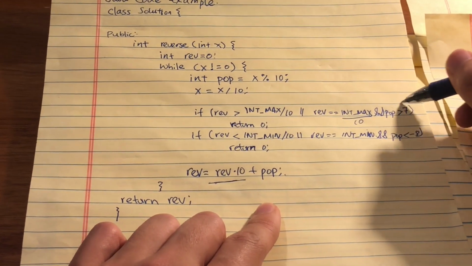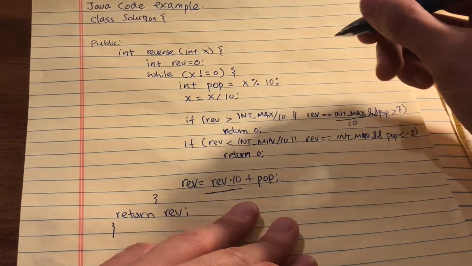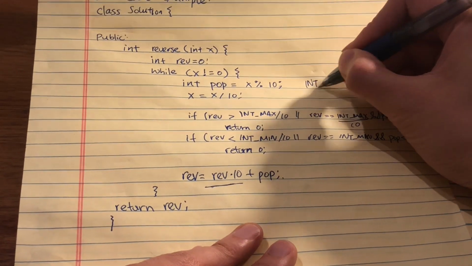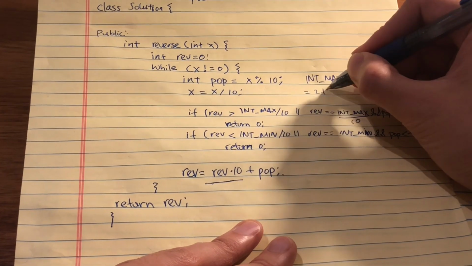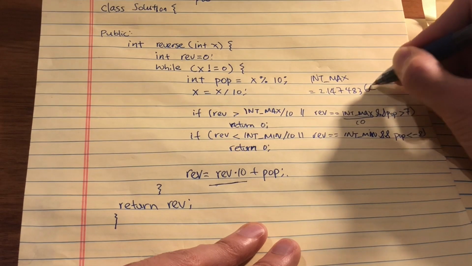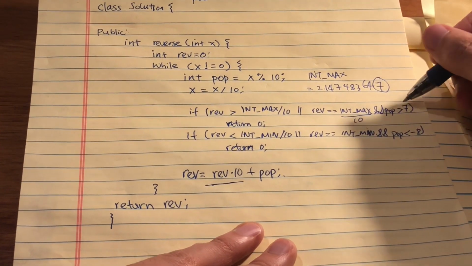Why is there a greater than 7, you ask? Well, it's because the int max, I'll just write it here, is equal to 2147483647. So here's where the 7 becomes critical.